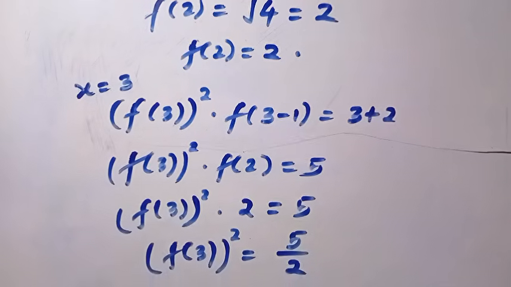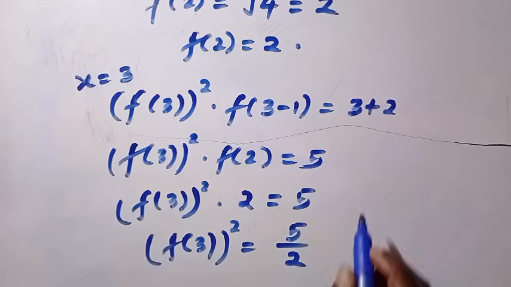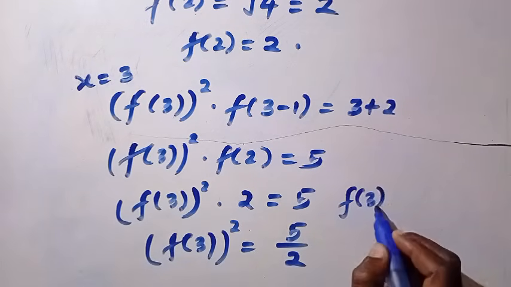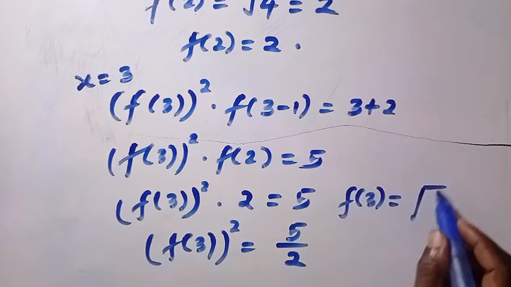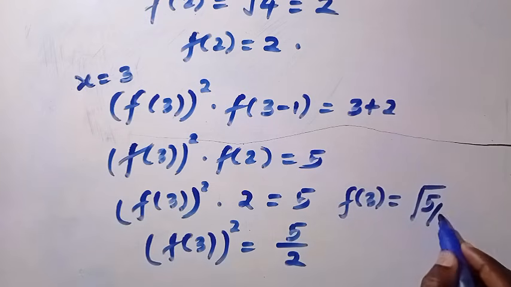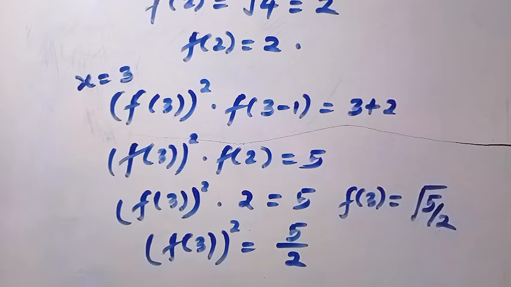By taking the square root of both sides, we have f of 3 equals the square root of 5 over 2. And again, let's explore more substitutions: let's plug in x equals minus 1 and see what the output will be.